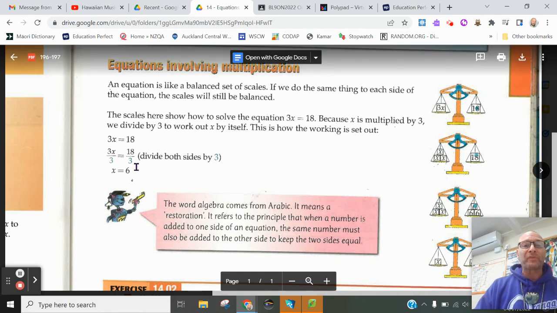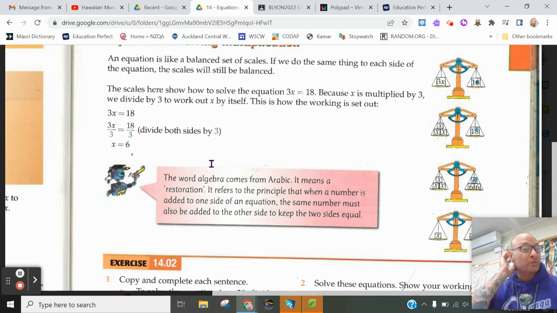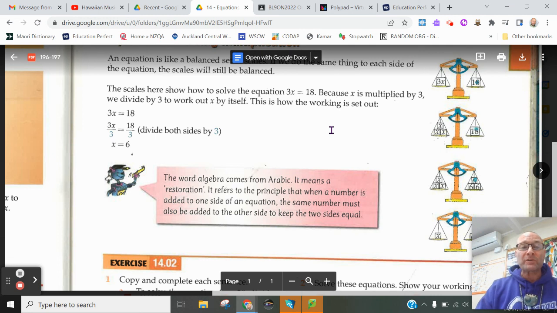If we divide both sides by 3, 3x divided by 3 leaves 1x, and 18 divided by 3 is 6. So there's an introduction to using Polypad to solve equations, or using our algebra to solve.